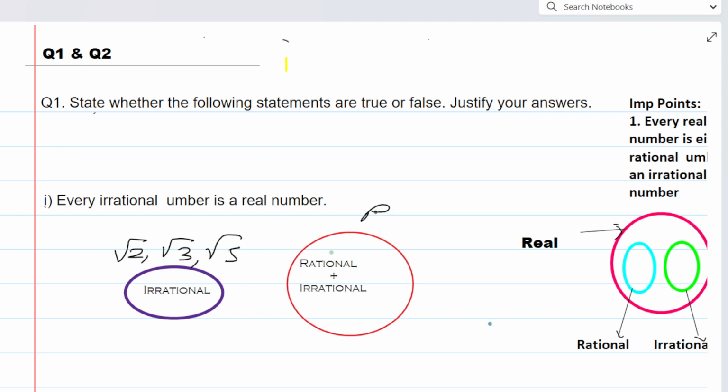Because in real numbers, I have both rational and irrational. So root 2, root 3, root 5 I can have here also, because real numbers include irrational numbers too. So that means the set of every irrational number is present in the set of real numbers. That means your answer is true.